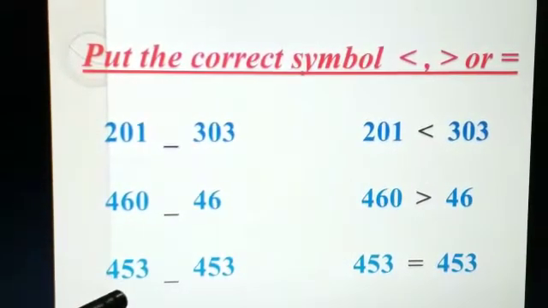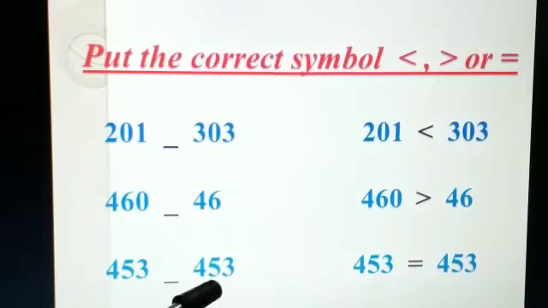Now the next numbers are 453 and 453. Again we will count the digits first. We can see that both the numbers have 3 digits. So we will compare the first digit from the left side, and the first digit is 4. If the first digit is the same, then we will compare the second digit, and the second digit is 5.